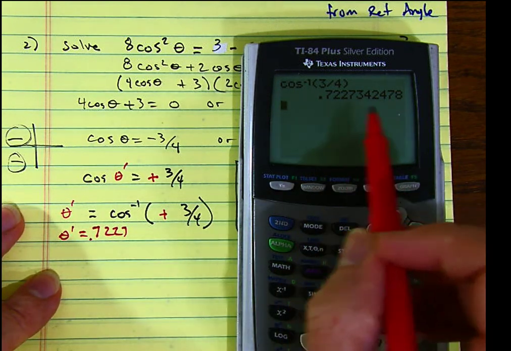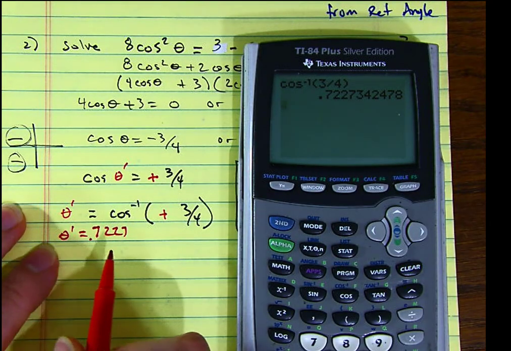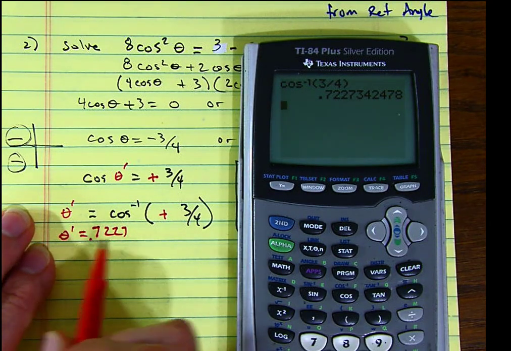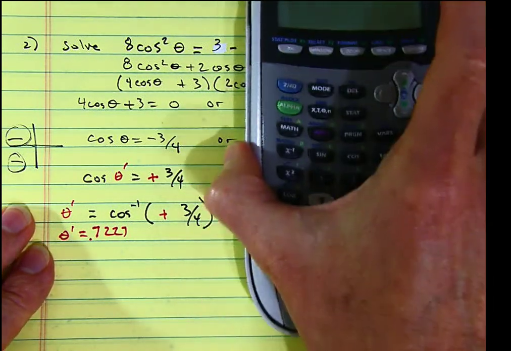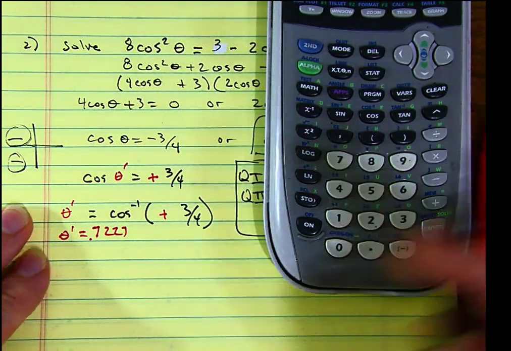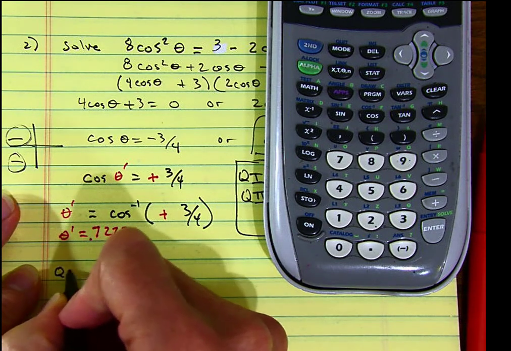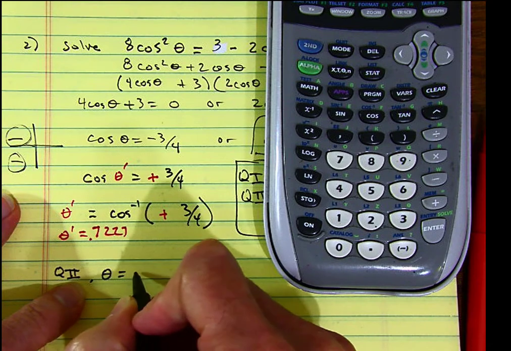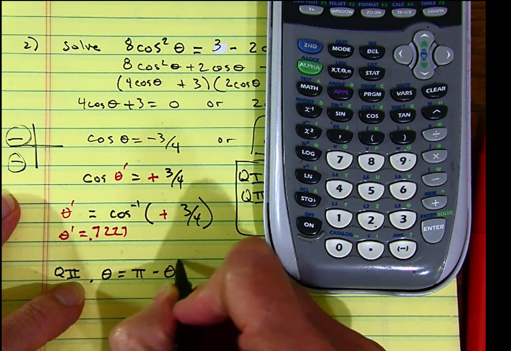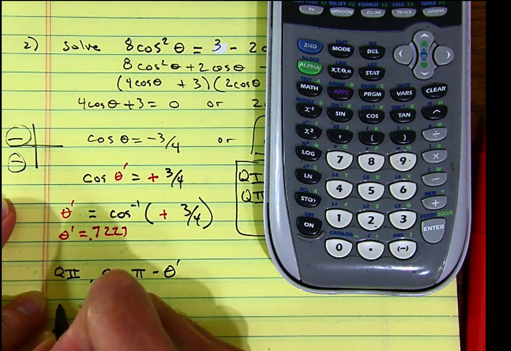This is a round off here, and this is a worse round off. But just for laziness in writing, I'm not going to write down the whole thing. Now I'm going to find the true solutions. Well, they are in quadrant 2. So theta is equal to pi minus the reference angle.